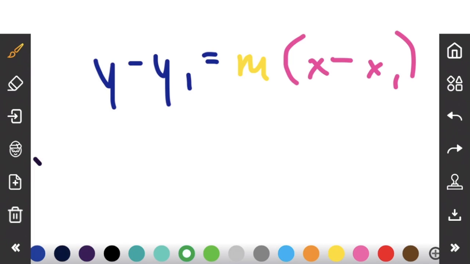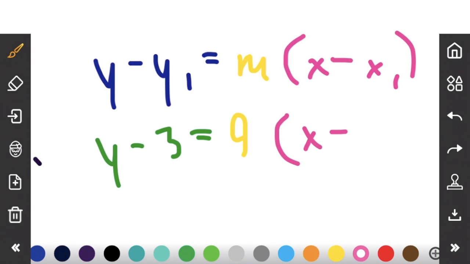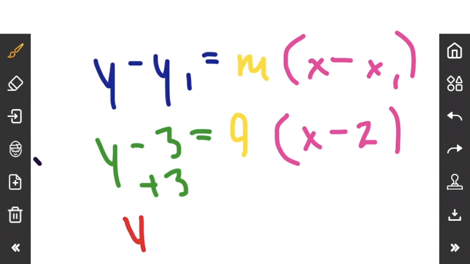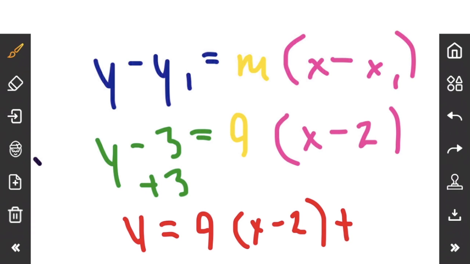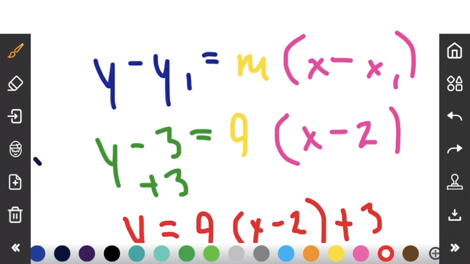So you would write y minus 3 equals 9 times x minus 2. And you just bring over the 3, and you have your equation: y equals 9 times x minus 2 plus 3. And that's your equation. So that's just part 1 of this question.